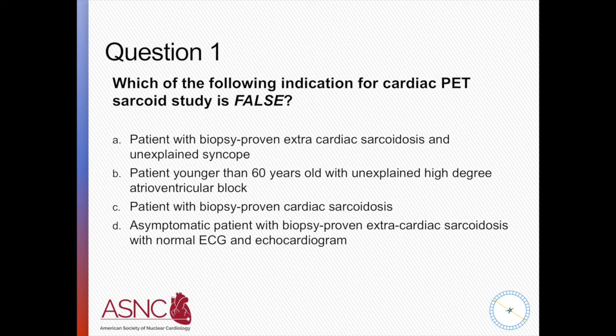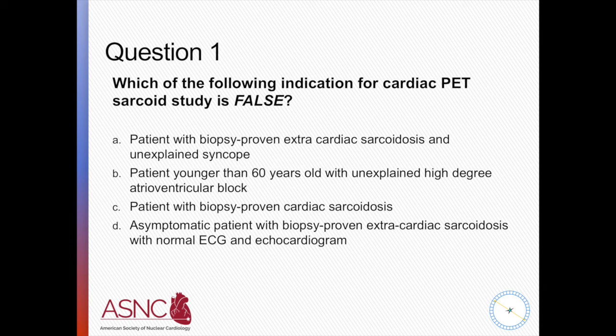Good. C? So in patients with biopsy-proven cardiac sarcoid, would you do a PET? I think there are two reasons why we do a PET. One is to secure the diagnosis of cardiac sarcoid, as we're probably doing for the prior two patients in these questions. But the second indication for PET is, once you have the diagnosis secure, you want to know what the response to treatment is.